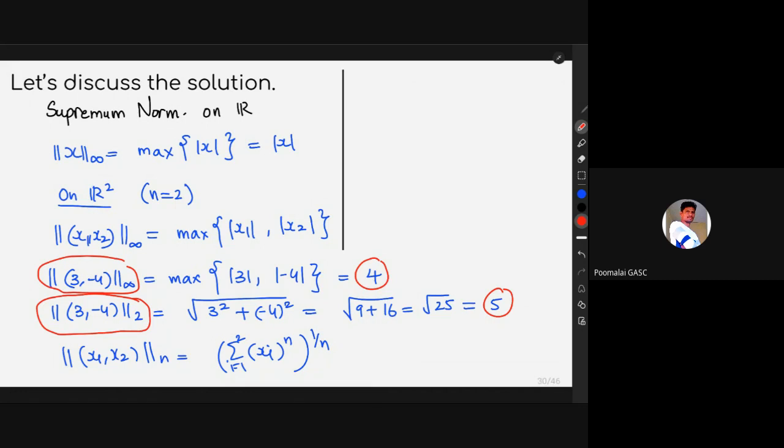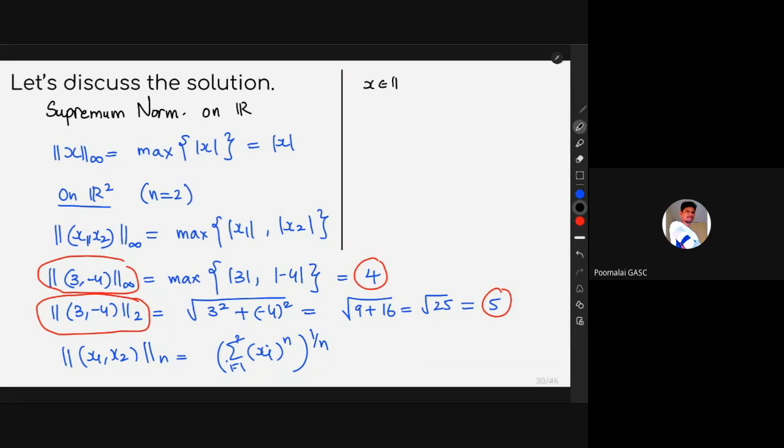Now, as I generalized the Euclidean norm in the case of Rn, similarly I can generalize the supremum norm in the case of Rn. So how do we do that? The way to do it is again similar. If I pick a vector in Rn, it will have n coordinates x1, x2 up to xn.